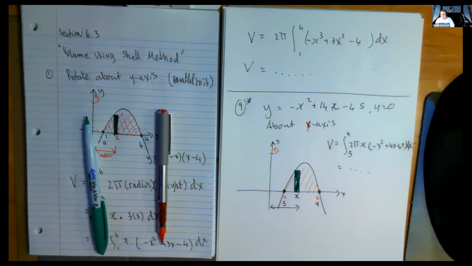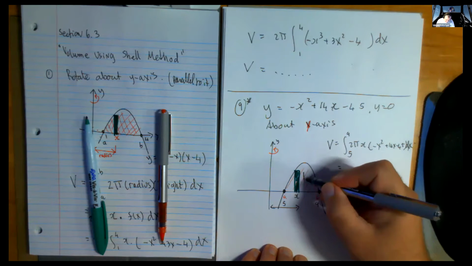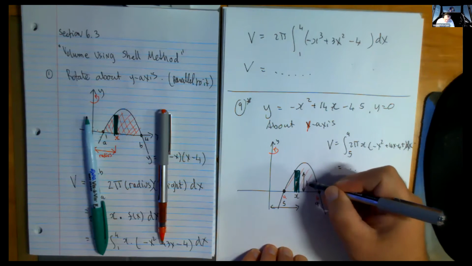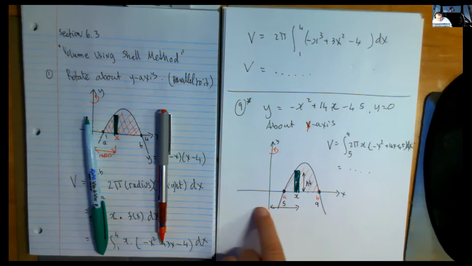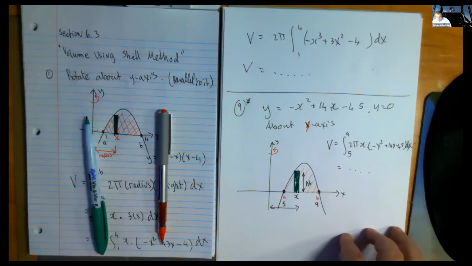And can we just basically say that question's over with? The height is that distance there. And the height in this case is just the value of the function. And this represents the radius.